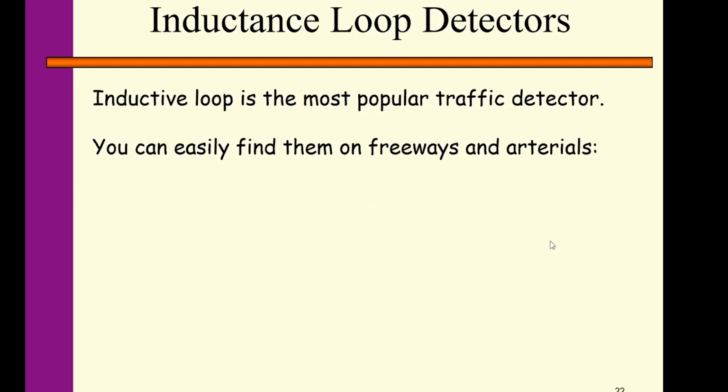Like I mentioned, the inductance loop sensor is one of the most commonly used traffic sensors. It's the most popular traffic detector. We can easily find them on freeways, on arterials, and at intersections.